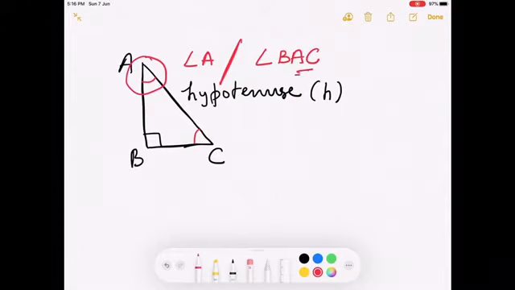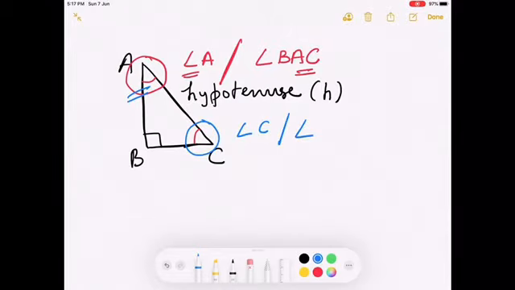This is known as 3-point notation, and the previous one is known as 1-point notation for an angle. So I can call this angle A, or I can call this angle BAC. Same way the angle here can be denoted as angle C or angle ACB.